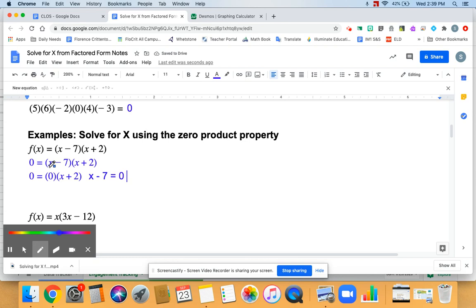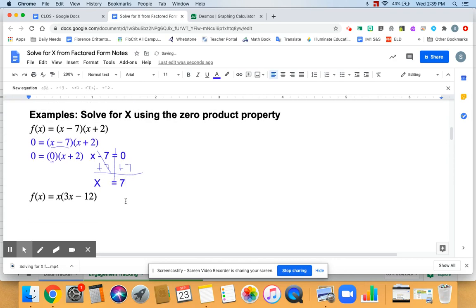Because I want this parenthesis right here to be 0 to make this work. Well, to solve for x, how do I undo subtracting 7? I add it to both sides. So over here, this negative 7 plus 7 cancels. So I'm just left with the answer that x would equal 0 plus 7, which is 7.